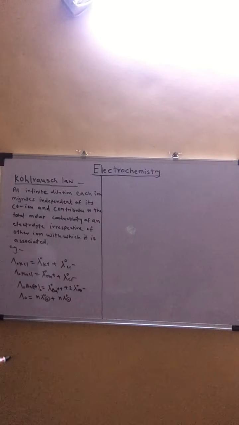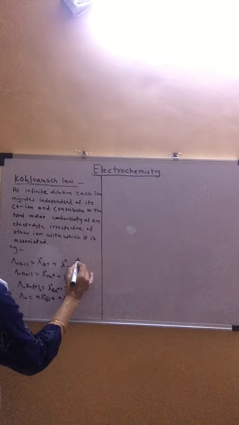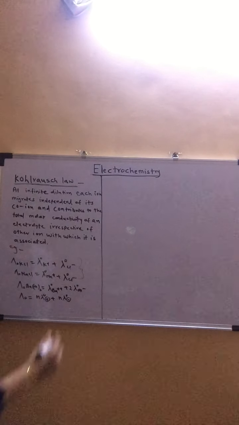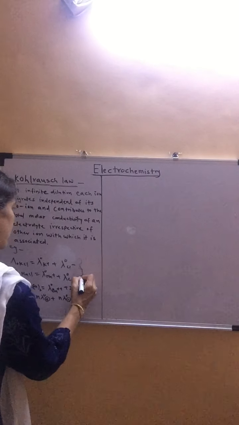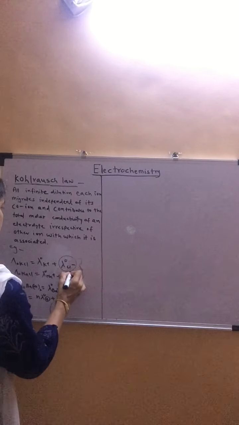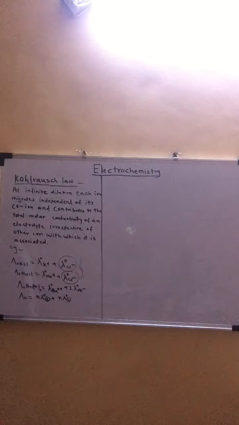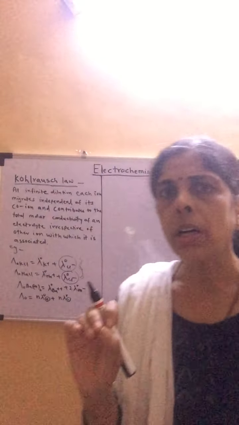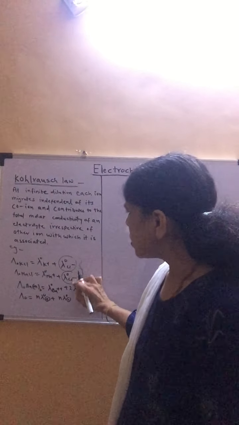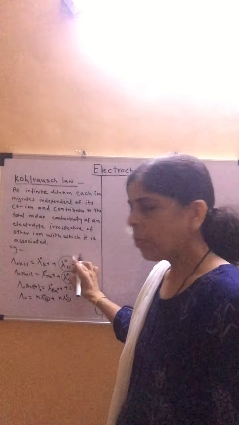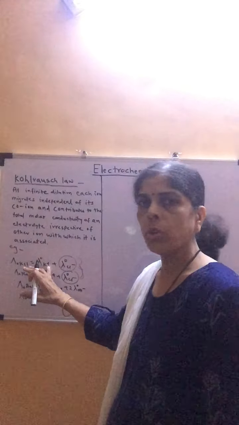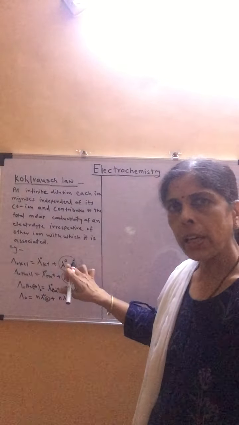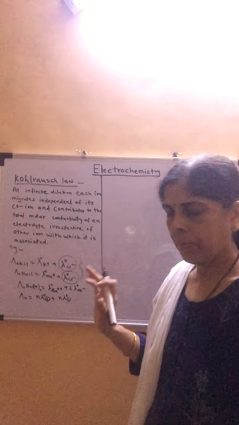If you see this particular example, in both the electrolytic solutions, Cl minus ions are there, and the contribution of Cl minus ions to the total molar conductivity is the same. It will not change even though the ion which is associated with it changes. Even if it is K plus or Na plus, contribution of Cl minus remains the same.